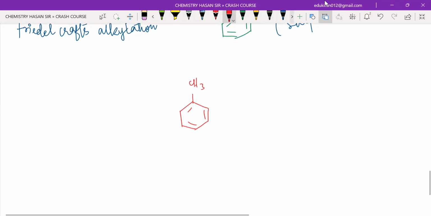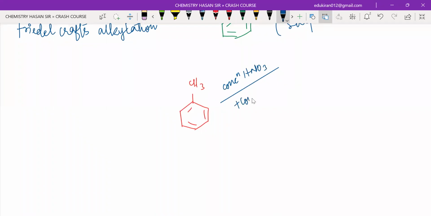The first reaction is similar: concentrated HNO3 plus concentrated H2SO4. Please do write this question, this is your homework. Then comes your second, X2 plus AlX3, and then heat.